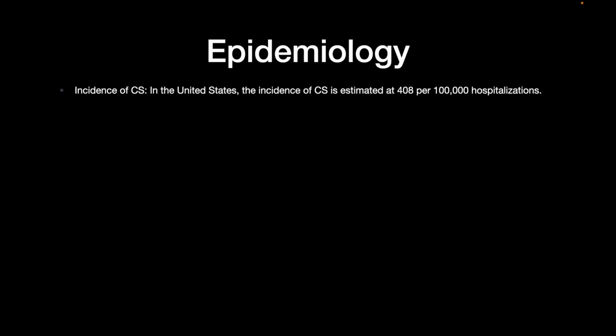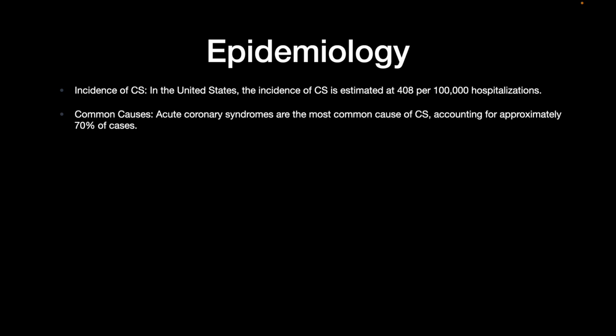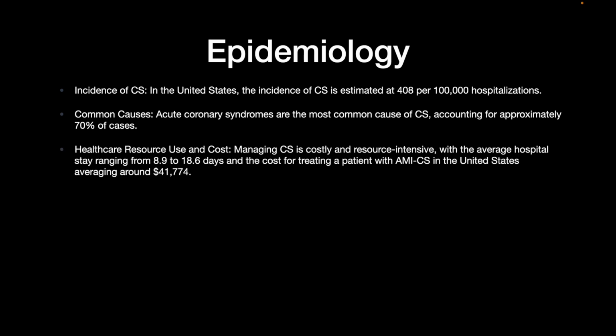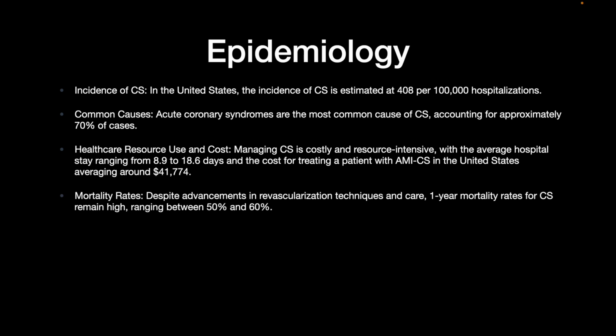Now, the incidence is around 408 cases out of 100,000 hospitalizations in the US. The commonest cause, as I said, is mostly acute coronary syndrome, and it has a huge cost factor associated with the hospital stay, and the mortality rate ranges from 50 to 60% in 1 year.